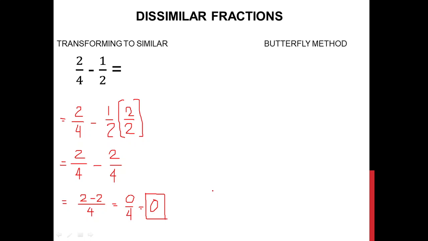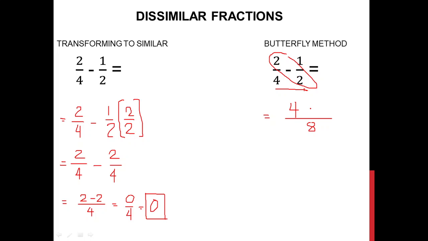Now let's try to use the butterfly method and see if we could come up with the same answer. So again, multiply the denominators. So you have 4 times 2, that is equal to 8. Then numerator to denominator, 2 times 2, that's 4.